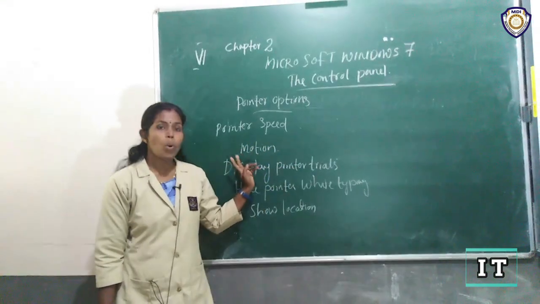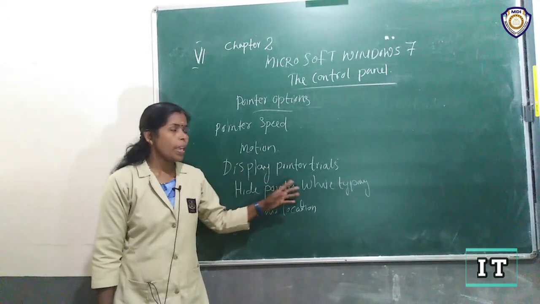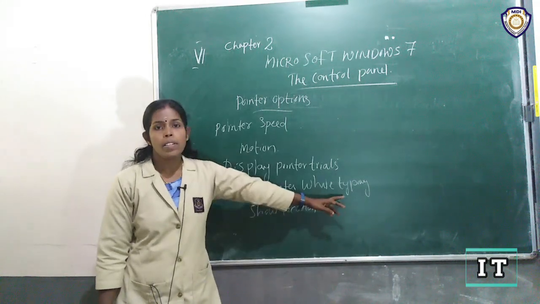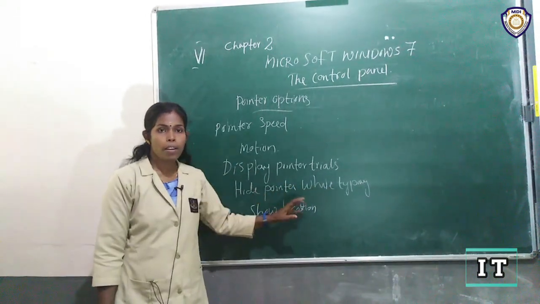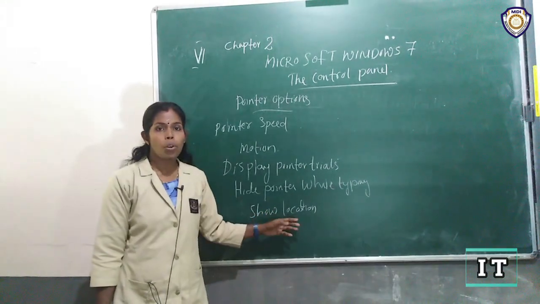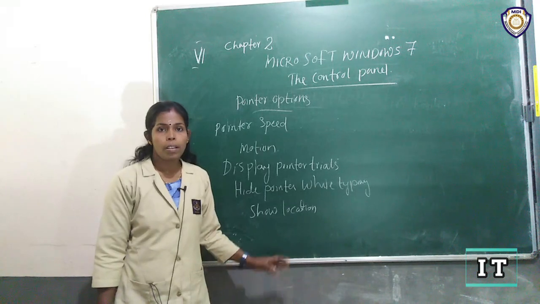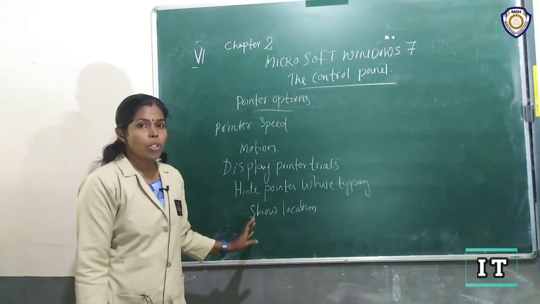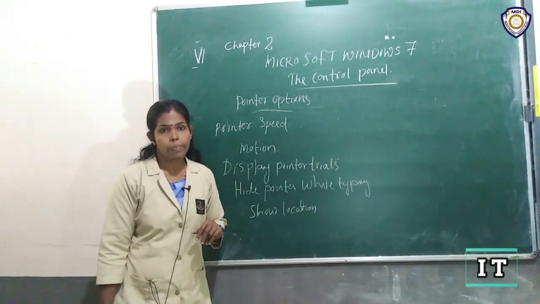Then motion also we can change through this, and display pointer trails, hide pointer while typing. While typing, the pointer is hidden, and show location is used to show the location of the pointer. And these are the options in the Pointer Options tab.